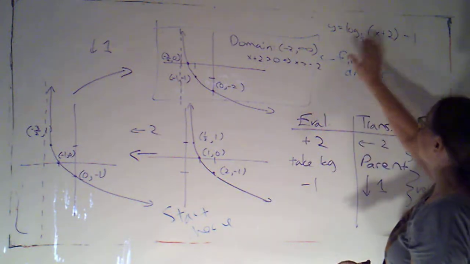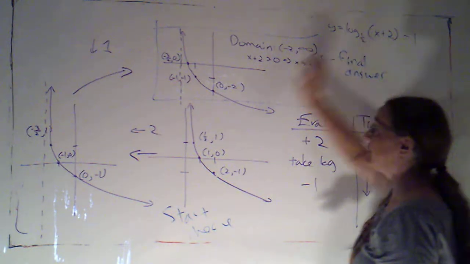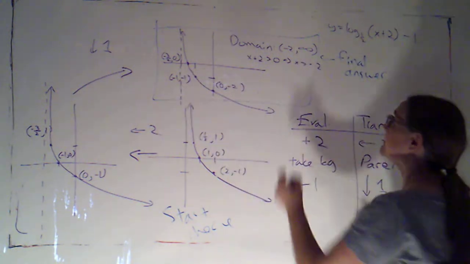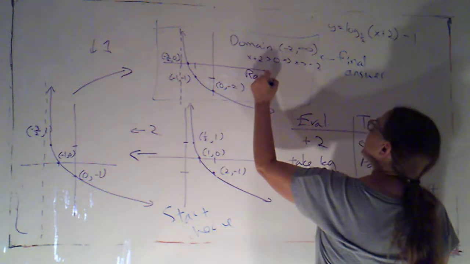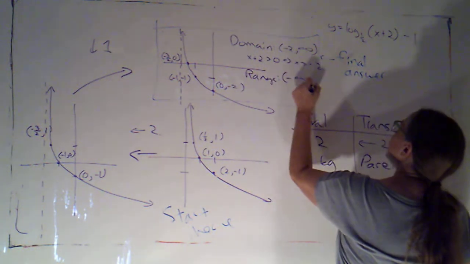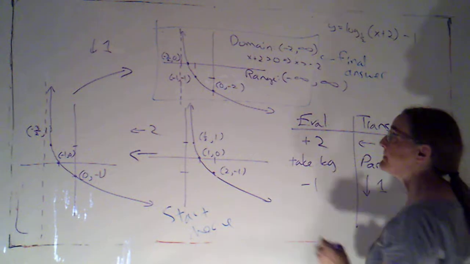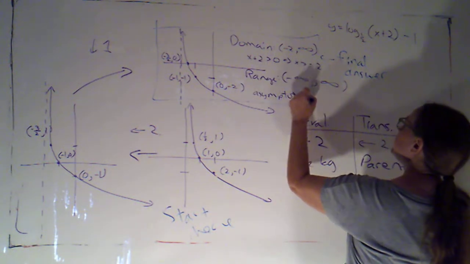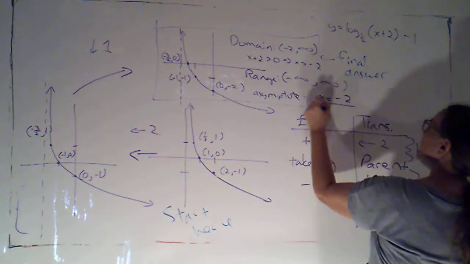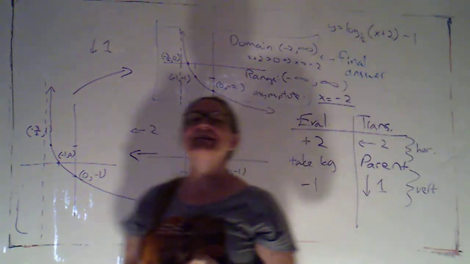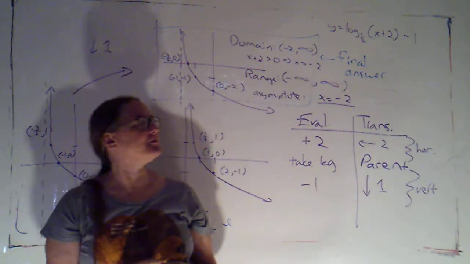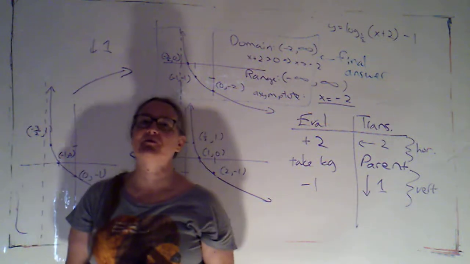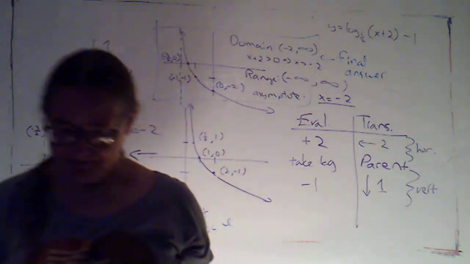So I can see the connection between the algebra here and the graph here. The range didn't change. That's everything from -infinity to infinity. And the asymptote, we said that was at -2. Just need to remember that with a vertical line, that means that x is fixed at that value. So our asymptote would be x equals -2.